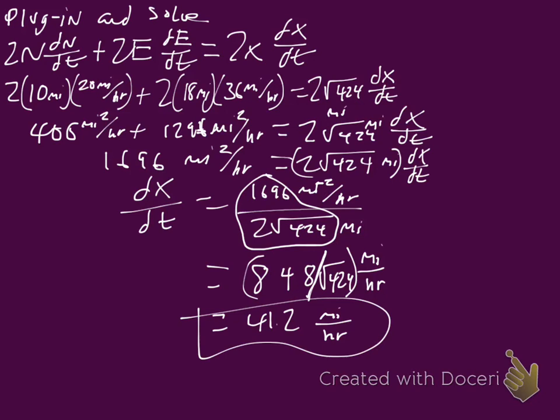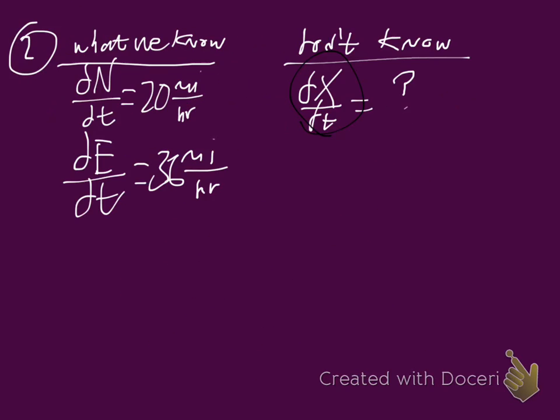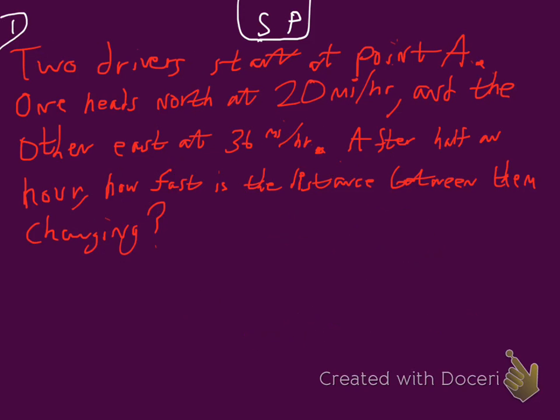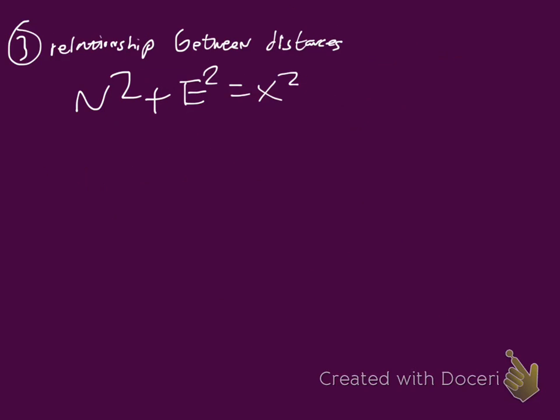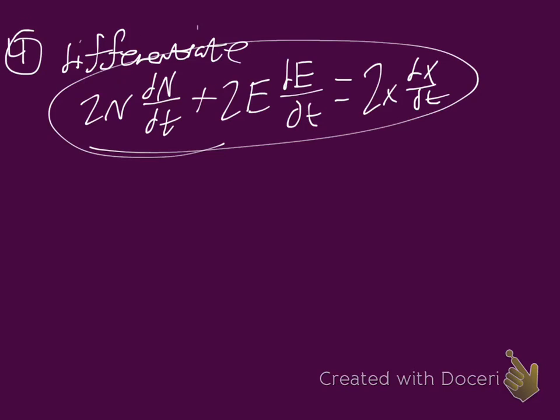dx/dt is 41.2. So how do you do a related rates question? You have to do all the crazy, awesome steps. You don't have to do them, but I think they help. Step one was the picture. Step two was what we know and what we don't know. Step three was the relationship between the distances. Step four was differentiate.